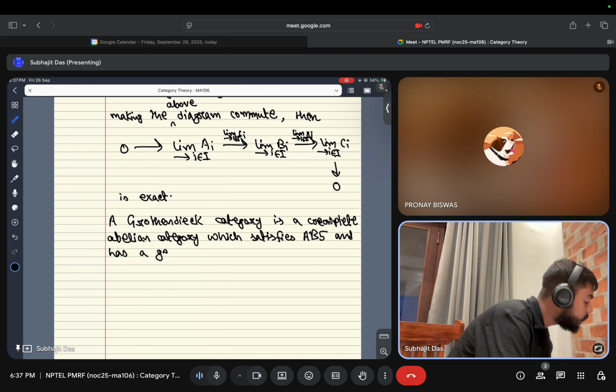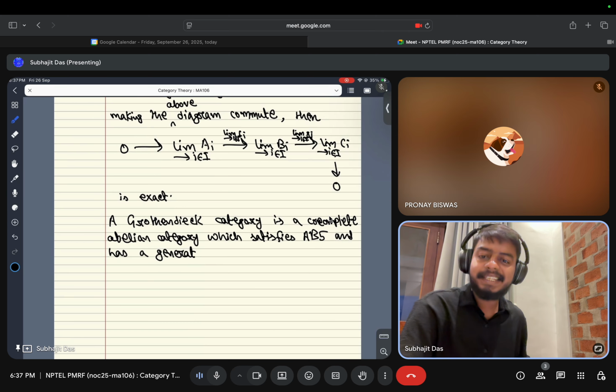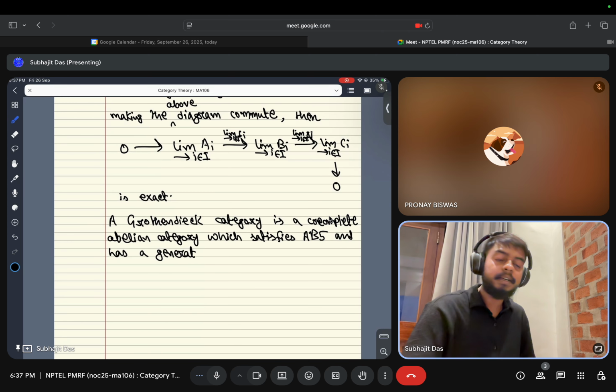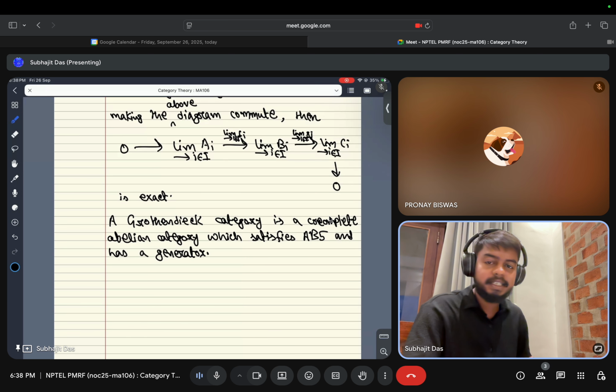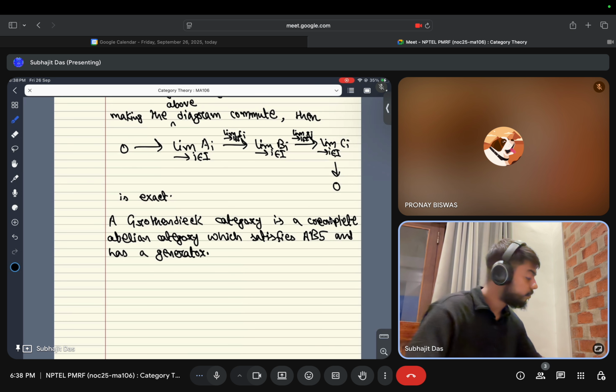Sometimes people equivalently say it has a family of generators, but we know that if a category has co-products and a family of generators, then you can club them together into a single generator. So it's enough to say that it has a generator.